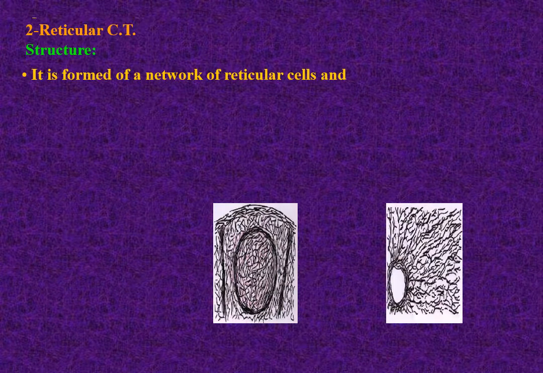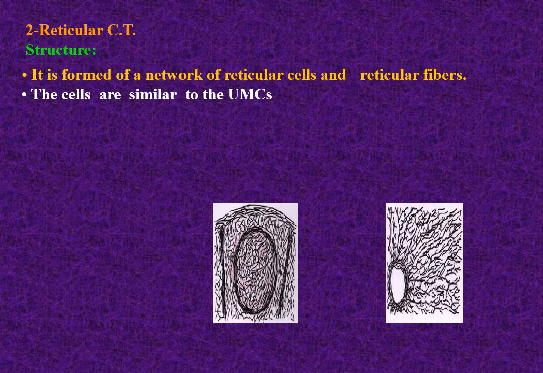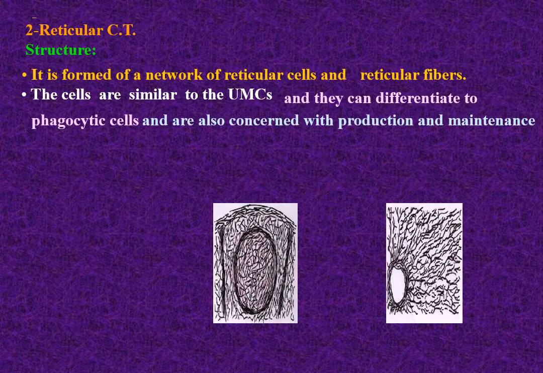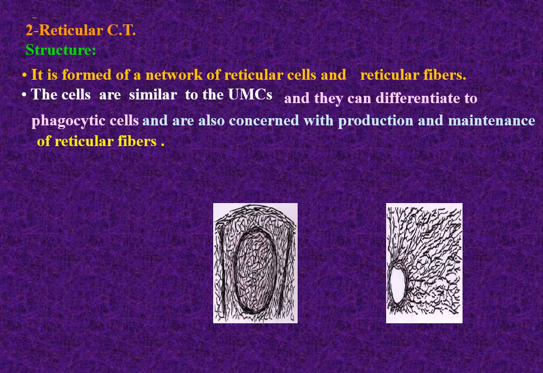Reticular connective tissue. Structure. Reticular connective tissue is formed of a network of reticular cells and reticular fibers. The cells are similar to undifferentiated mesenchymal cells, and they can differentiate to phagocytic cells and also are concerned with the production and maintenance of reticular fibers.